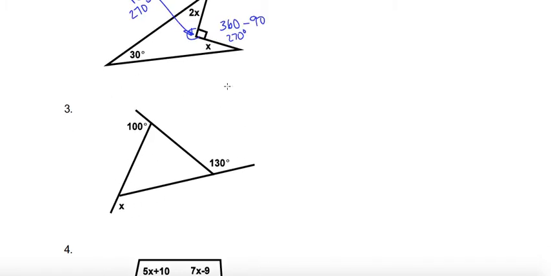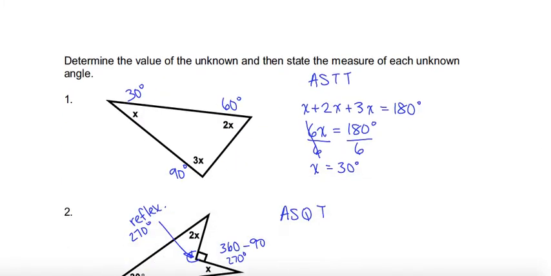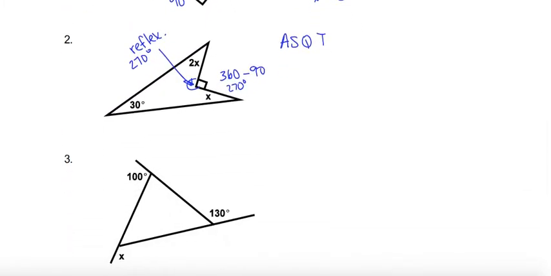So now that I know all four angles inside of this bizarre quadrilateral, I can solve for the missing angles. I know that x plus 2x plus 30 plus 270 is equal to 360 degrees.